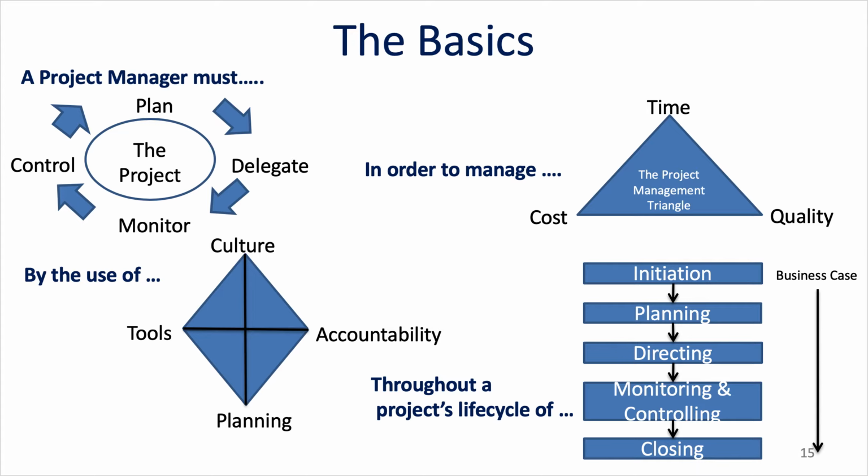And they do this by the use of culture, tools, accountability, and planning. Finally, they do that throughout the project's lifecycle of initiation, planning, directing, monitoring and controlling, and finally, closing. But you'll notice from the straight vertical business case line that the business case underpins all those elements of a project's life cycle.